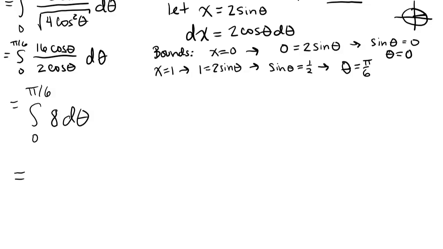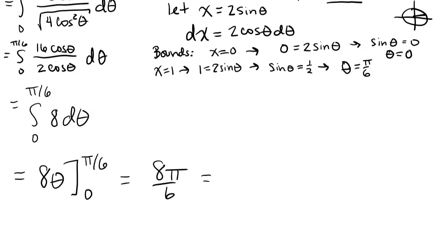We can just do the integration: 8 theta, evaluated from 0 to pi over 6. When we plug in pi over 6, we end up with 8 pi over 6. Then we subtract off 0, because 8 times 0 is 0. Just dividing out a 2, we get 4 pi over 3 as our final answer.